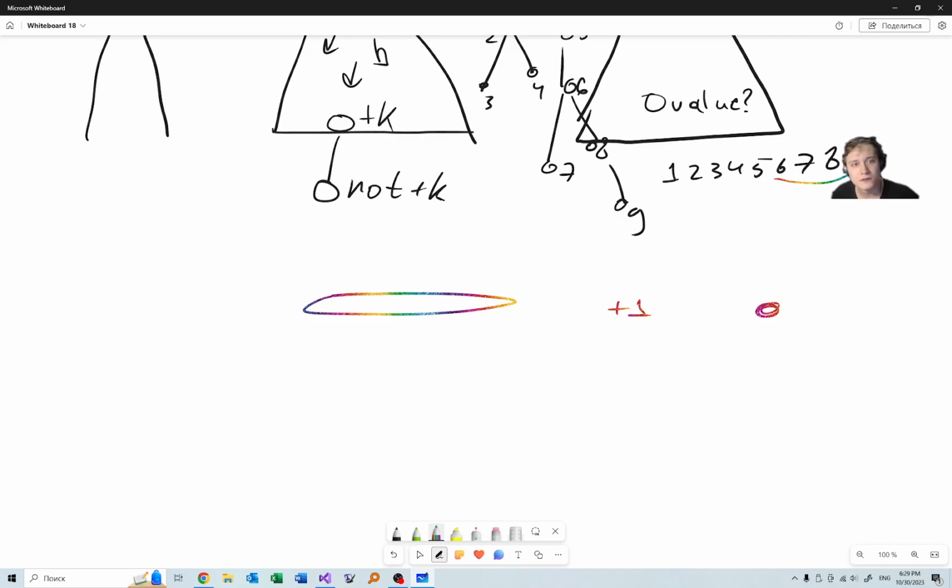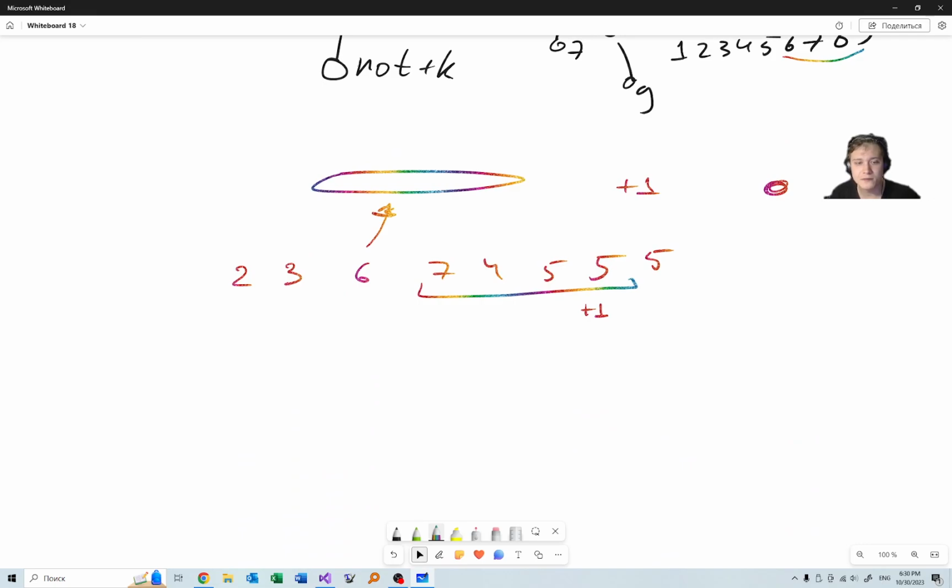Instead of this, assume that we have some array 2, 3, 6, 7, 4, 5, 5, 5. We want to add 1 to this array. Let's consider a new array, which is 2, then difference, which is 1, then difference, which is 3, then difference, which is 1, minus 3, minus 1, 0, 0.